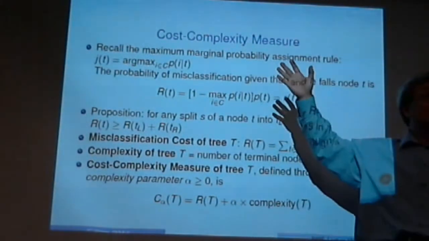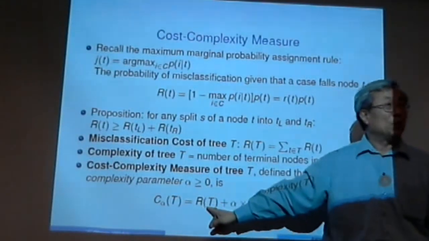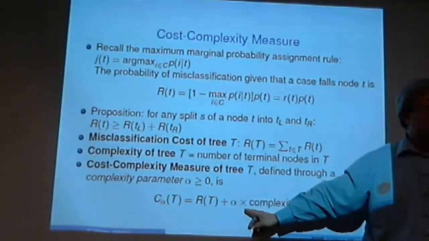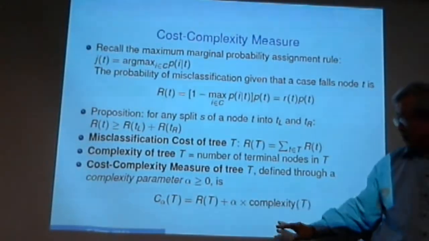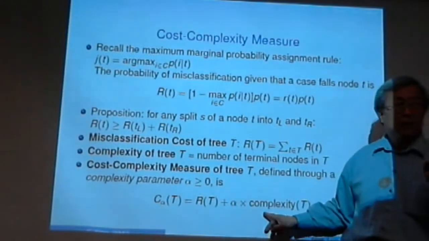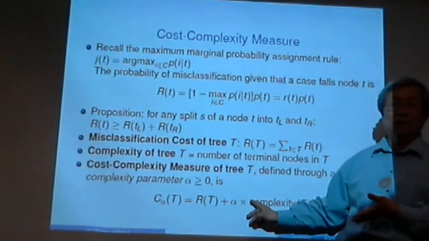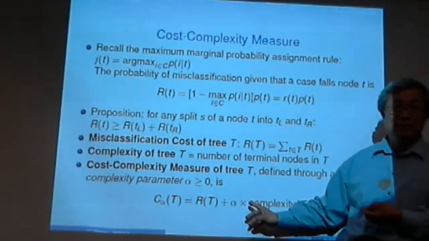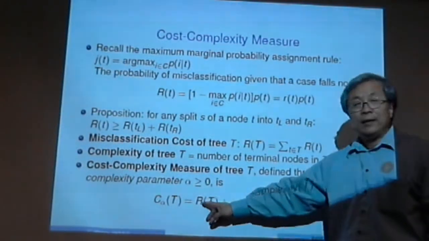Of course, you can grow trees indefinitely until all the nodes are pure, so then the misclassified probability will be 0. But before we reach that, the tree becomes more complicated. So there is the goodness of the model and the model complexity. Too many nodes, then we penalize with a certain positive alpha here. Make sense? So you could have two trees under comparison.